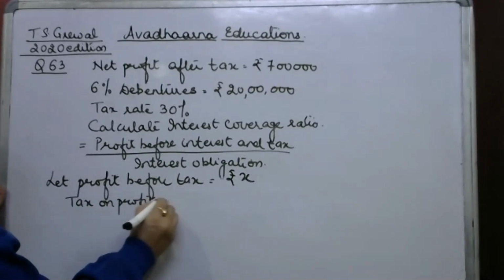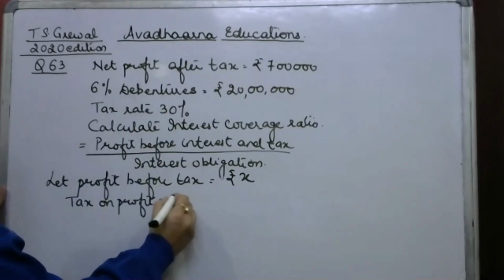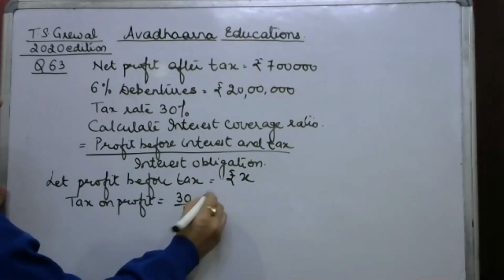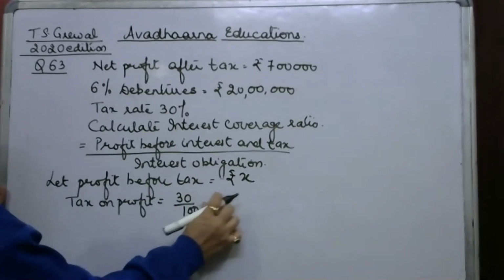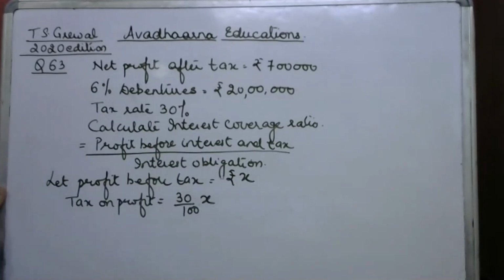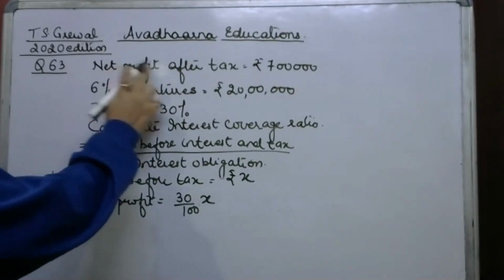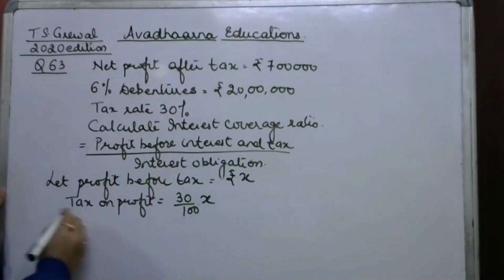Now if the profit before tax is rupees x, so tax on profit, it is given to us, it is calculated as 30%, so tax on profit will be 30% of x, fine. So we are given net profit after tax, so let's put the values in the formula.